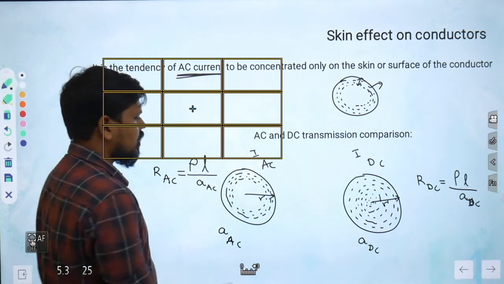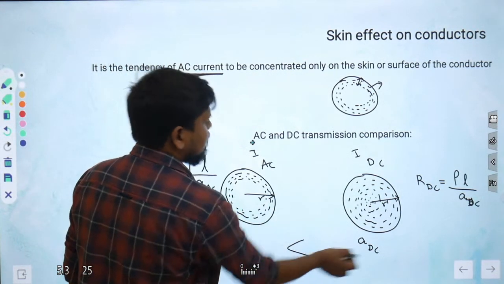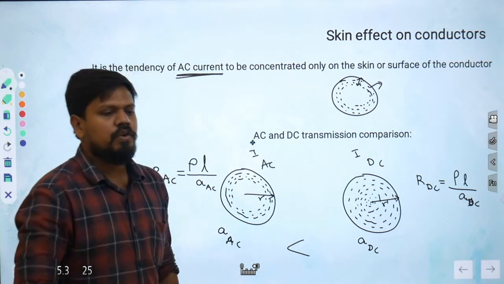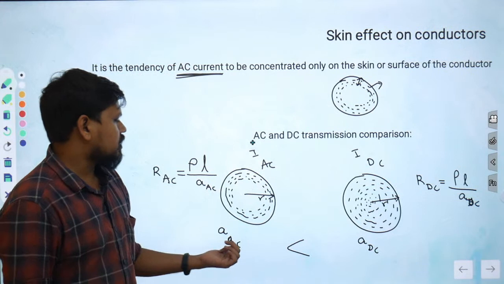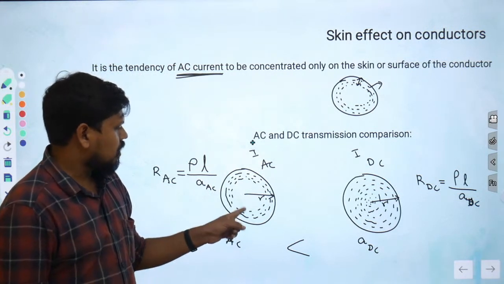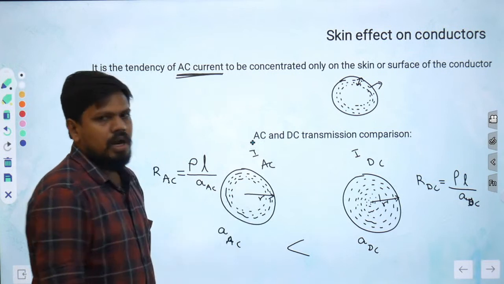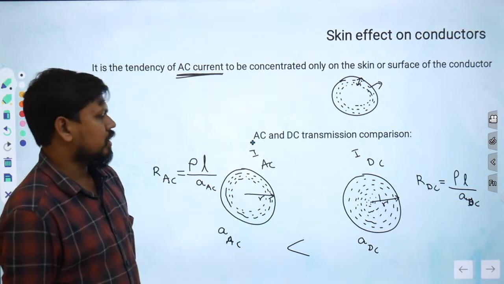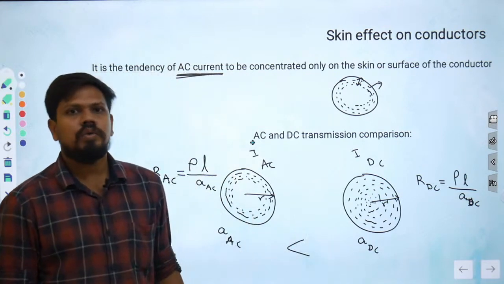Now you can get one point: the area of cross section of AC is definitely less than the area of cross section of DC. The remaining area in the middle is not at all getting current. The area of cross section of DC is even more.